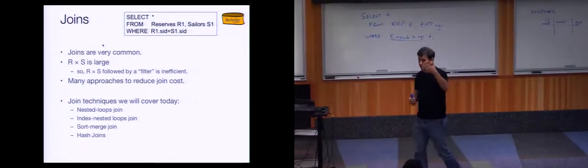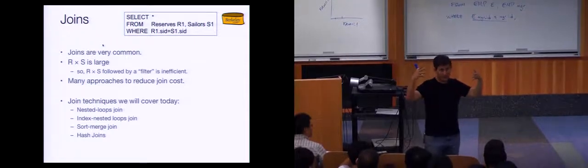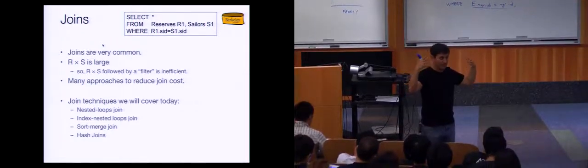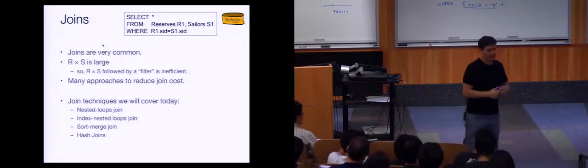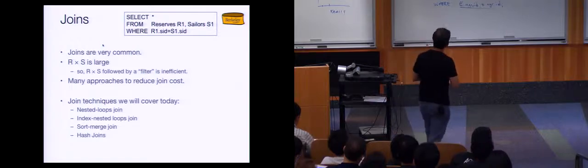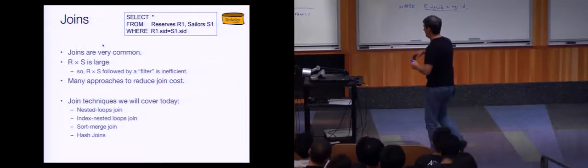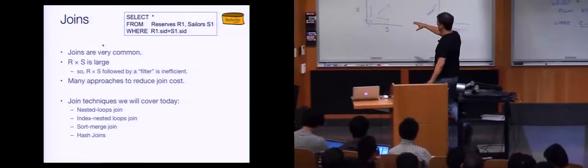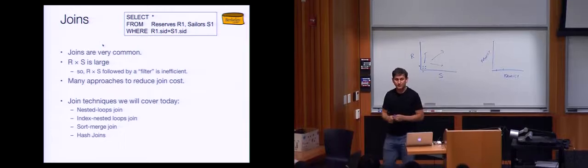It's the number of tuples in R times the number of tuples in S, which is a big number. It's something on the order of n squared. It's quadratic. We don't like to do quadratic things that go to disk. That's bad. If we can avoid doing that, well, that would be good. So one way to process a join is you blow up the entire Cartesian space, you generate all pairs, and then you throw away the pairs that don't match the where clause.